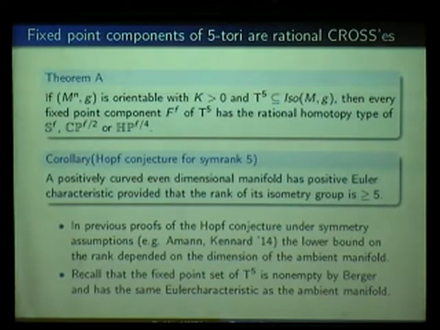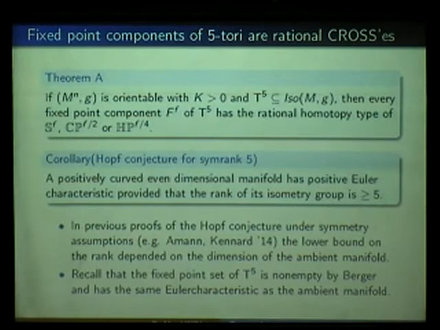So the main results are related to low-dimensional torus actions. So the first theorem says that if you have a 5-torus action on a positively curved manifold, and it's effective and isometric, then every fixed point component has the rational homotopy type of a rank 1 symmetric space, right?